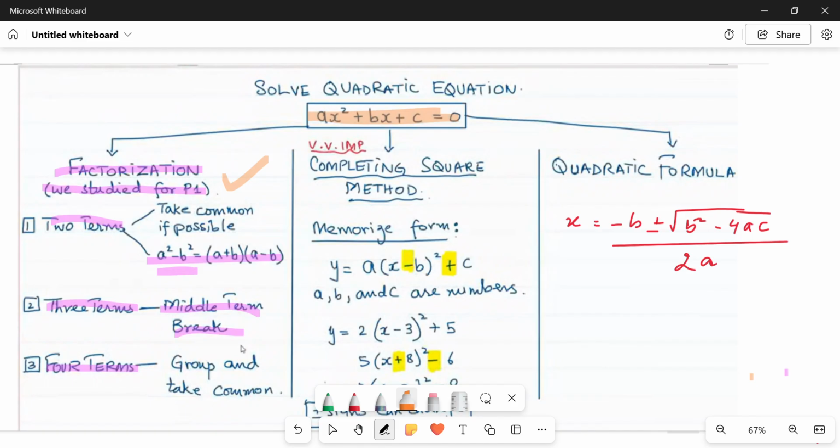The examiner will not write that this question is based on completing the square. You need to check the format of the question, right? You need to memorize the form of completing the square.